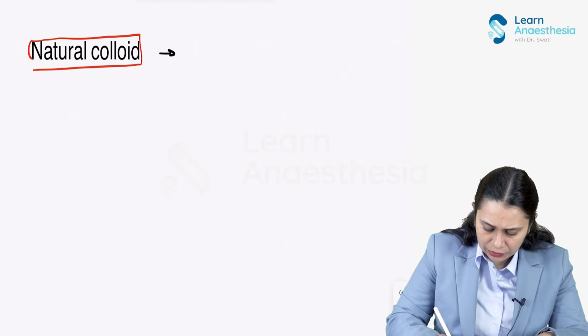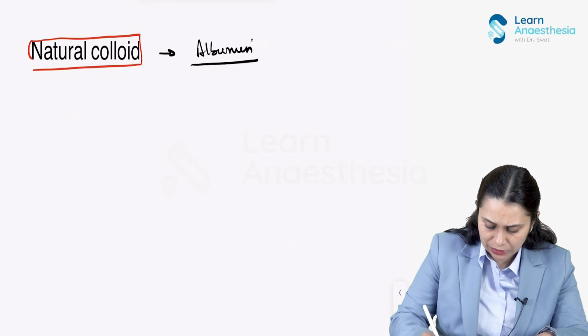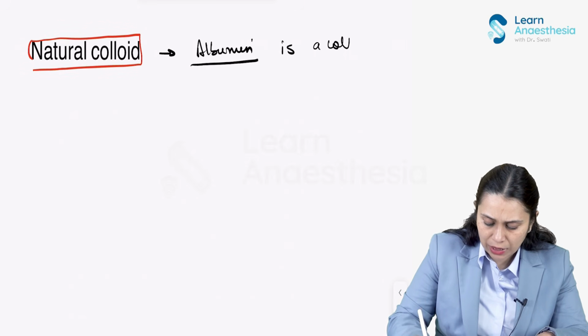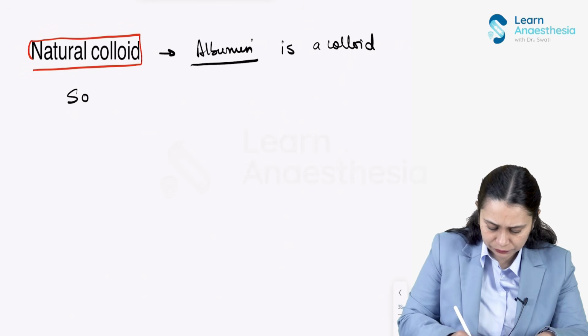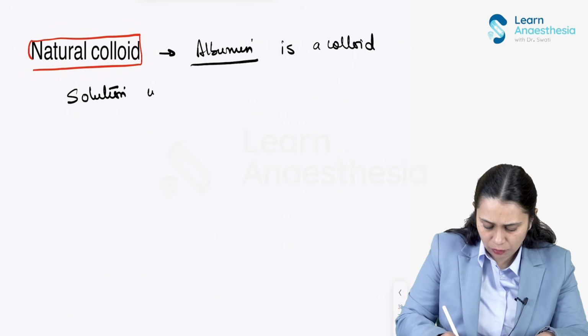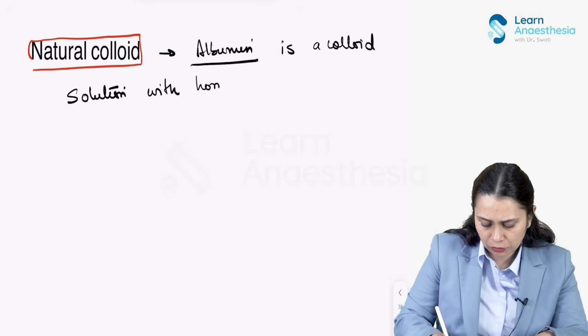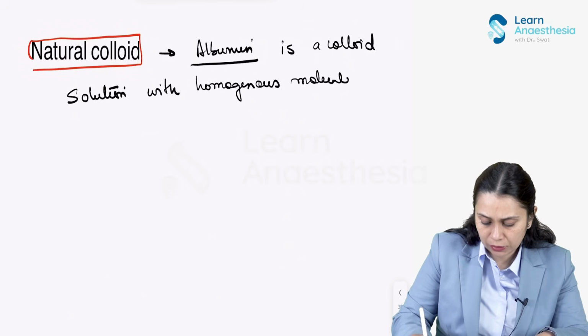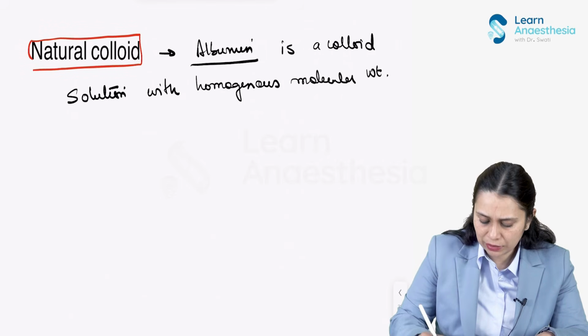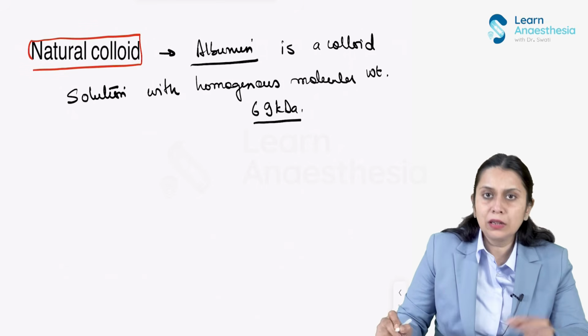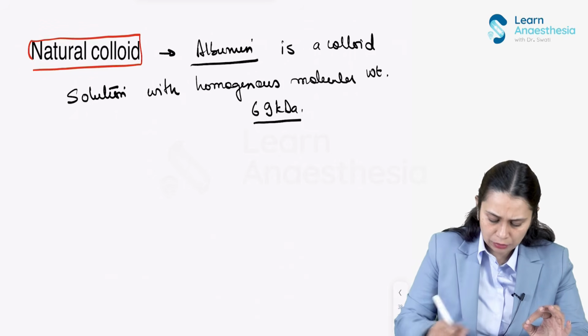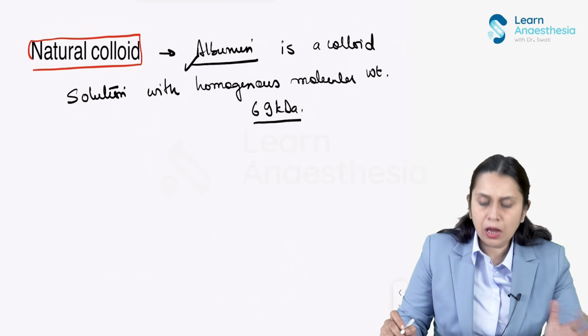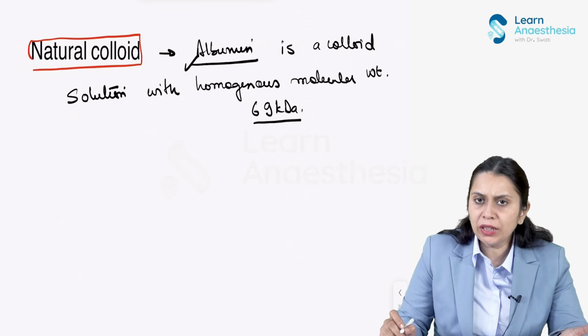So natural colloid albumin is a natural colloid solution with homogeneous molecular weight, 69 kilodalton.